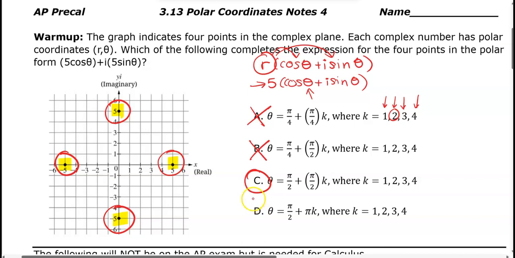In my opinion, this one's pretty easy once you look at it as 5 cosine theta plus i sine theta, because really all you're thinking about is what you have in this theta.